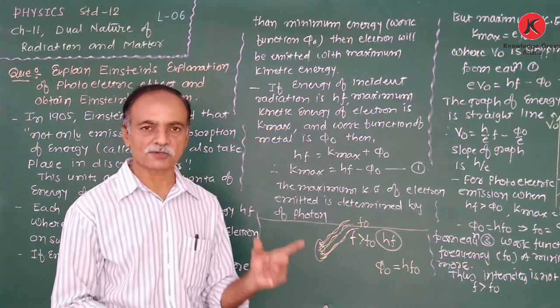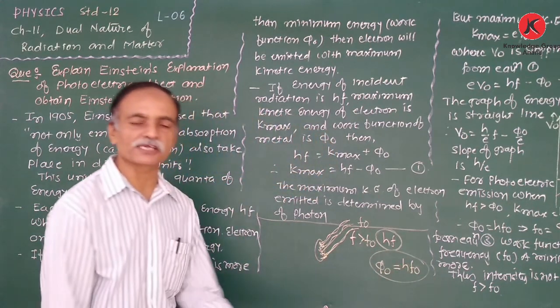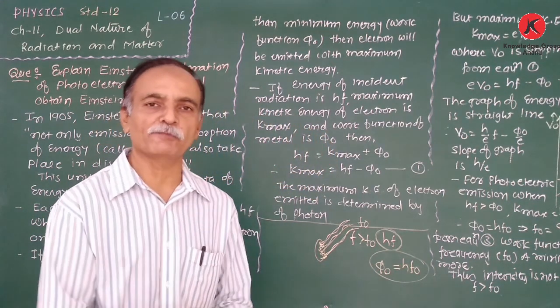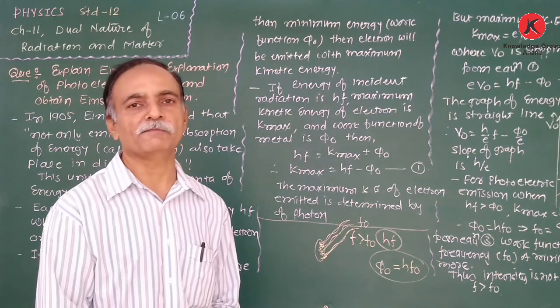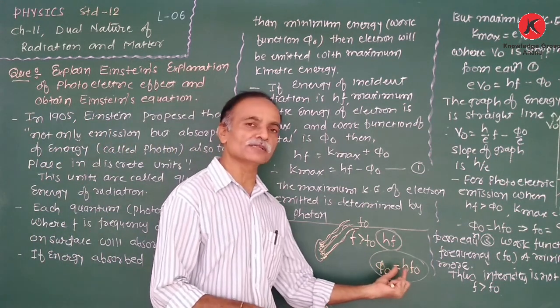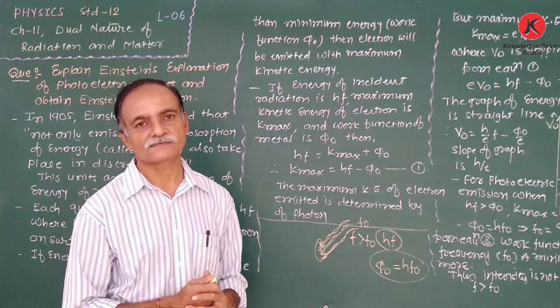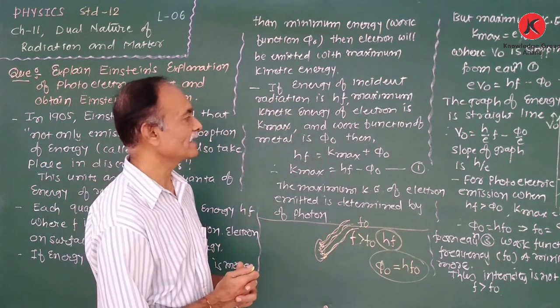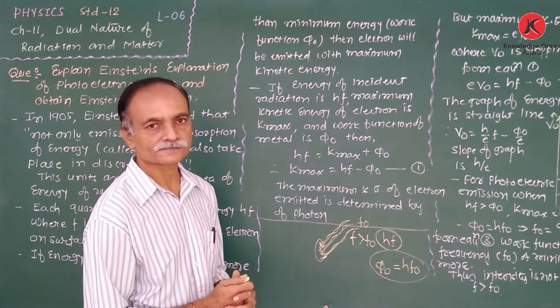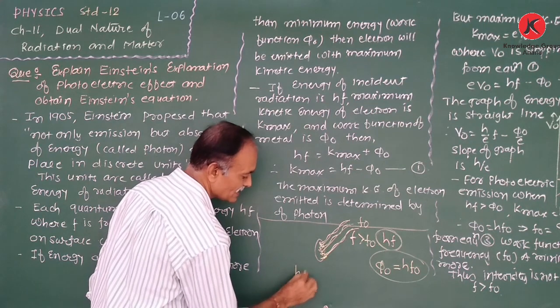Out of this absorbed energy, hf0 is utilized to make the electron escape from the surface of the metal, and the remaining energy is given to the emitted electron in the form of kinetic energy. Clear? Therefore, the total energy is hf.